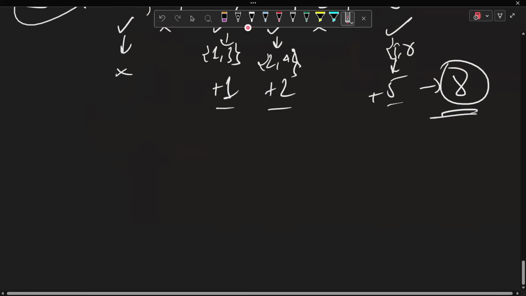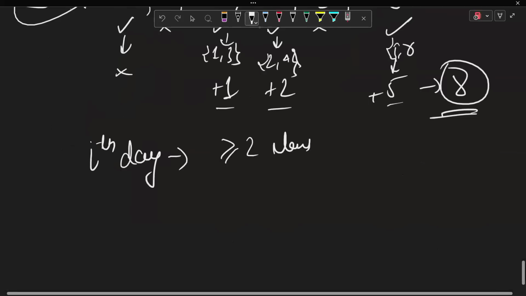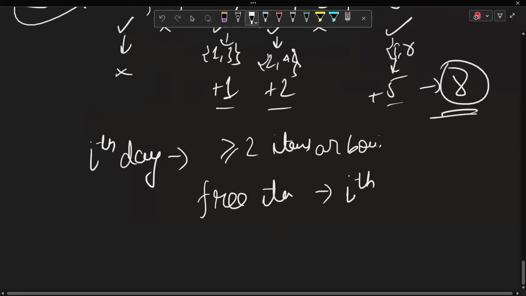So one more observation is, if you are buying on the ith day and more than 2 items are bought, then the free item is the ith item, that you know for sure.